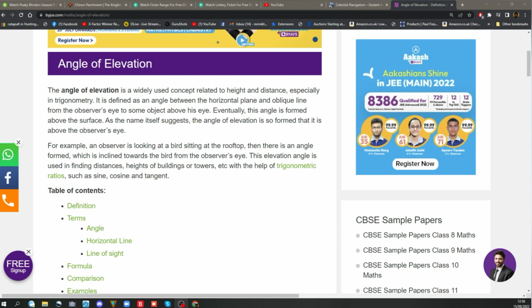For example, an observer is looking at a bird sitting at the rooftop, then there is an angle formed, which is inclined towards the bird from the observer's eye. The elevation angle is used in finding distances, heights of buildings or towers, etc., with the help of trigonometric ratios such as sine, cosine, and tangent.